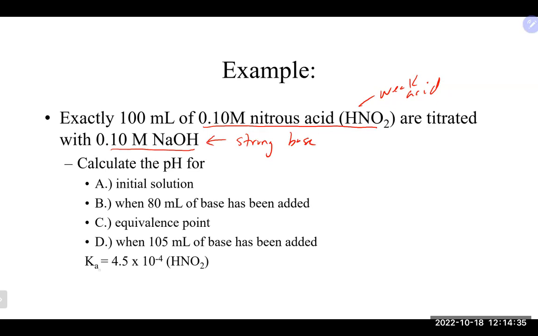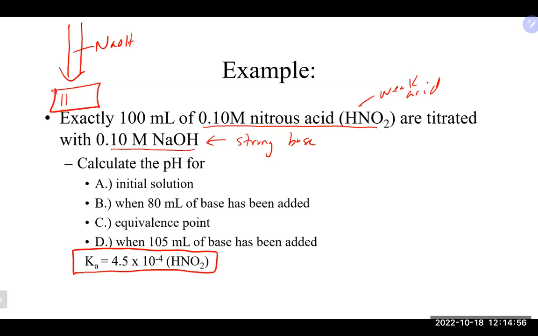I know it is a weak acid because I see a Ka value given to me as well. That's a pretty big hint. For orientation purposes, in this titration, we are adding the sodium hydroxide to our acid.